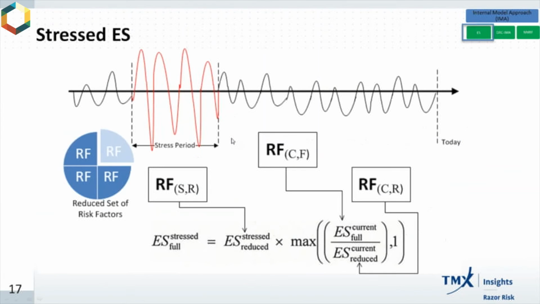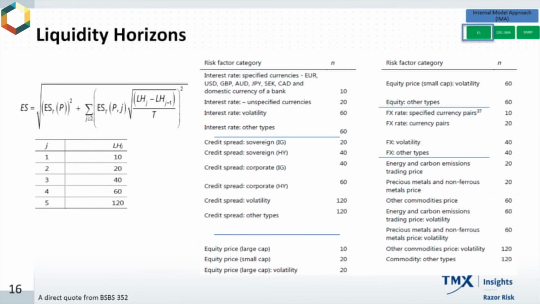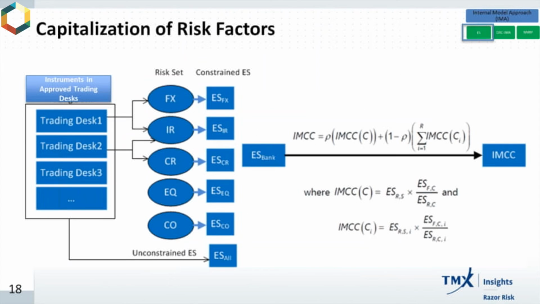So let's go back. First we calculate expected shortfall. Then we incorporate liquidity horizon, which involves 5 liquidity horizons, so 5 ES calculations over here. And then we do stress calibration, which has 3 calculations over here. Then we do the capitalization, which has 6 calculations, for each risk factor class and for all of them.